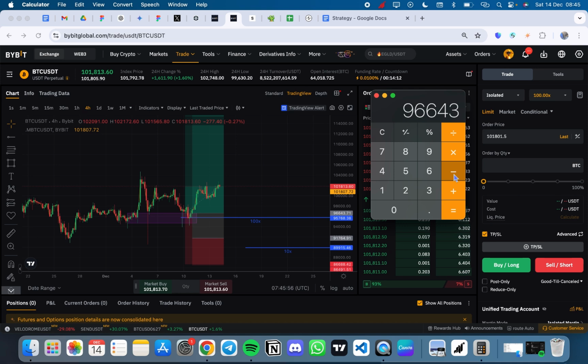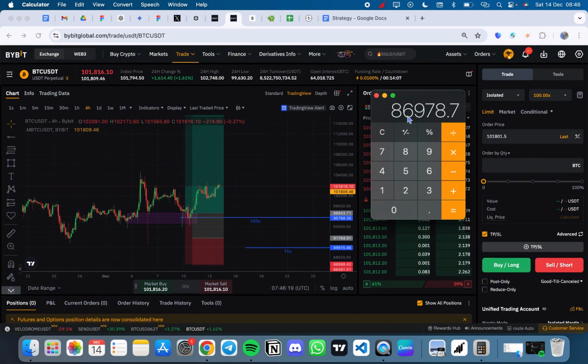96,643 minus, if we were to use a 10x leverage, this would just be 96,643 divided by 10, which would give us 9,664. So minus 9,664.3, right?